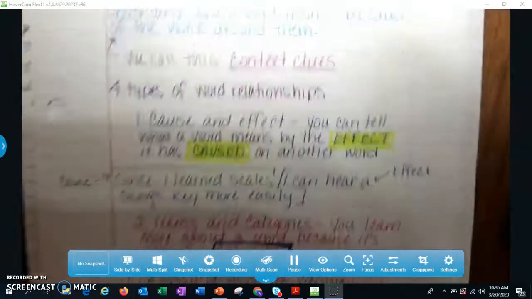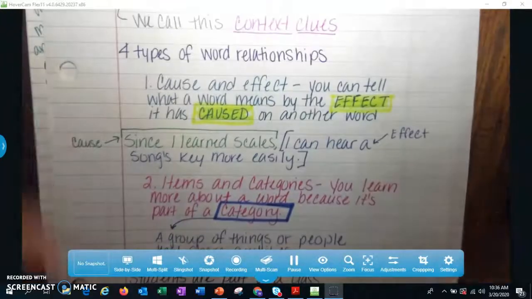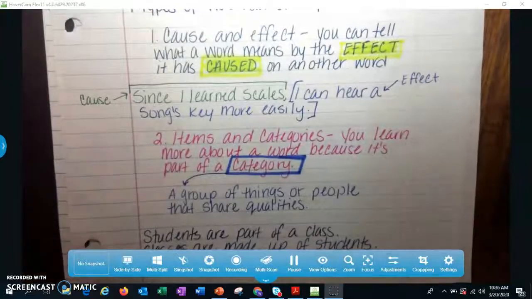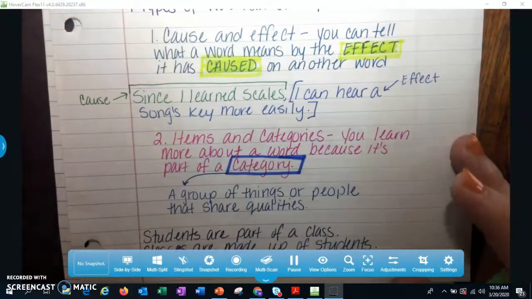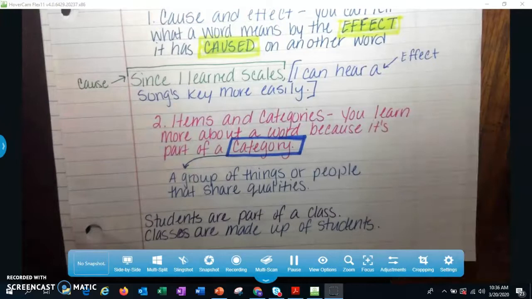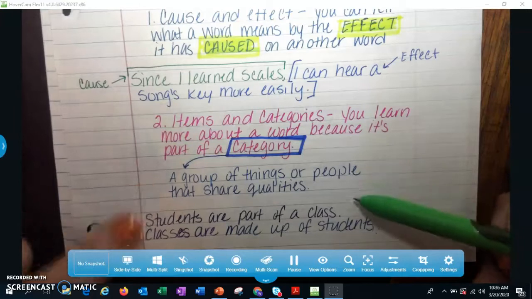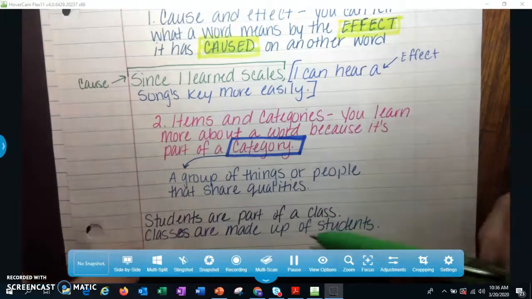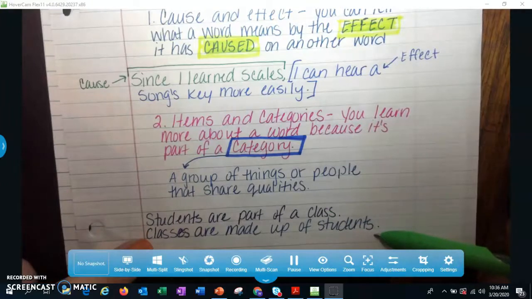Okay? The second type of word relationships that we have are items and categories. I want to make sure you can see that. You can learn more about a word because it's part of a category. So a category is a group of things or people that share qualities. So a group of people, students, are part of a class. That's a quality. Classes are made up of students. Okay?